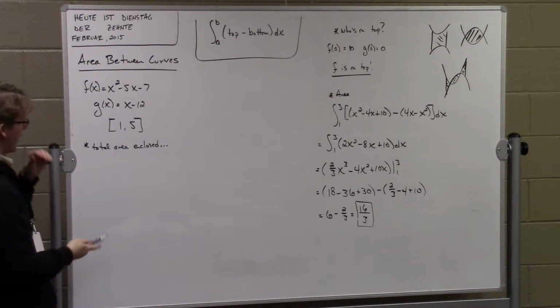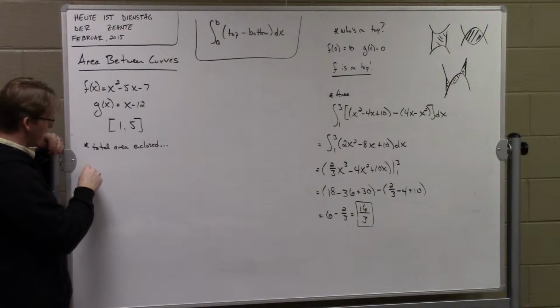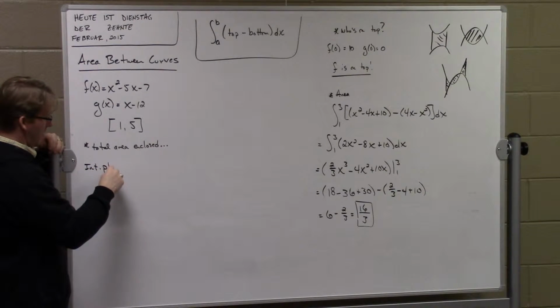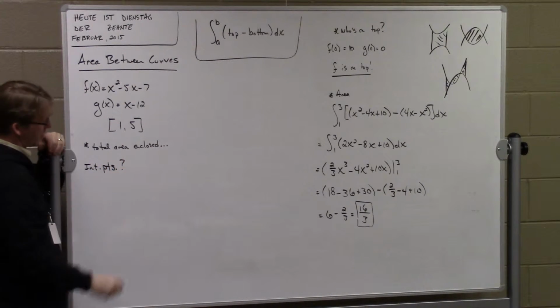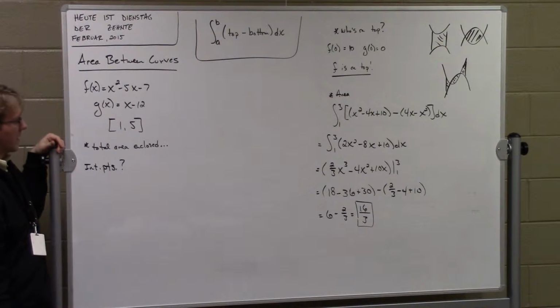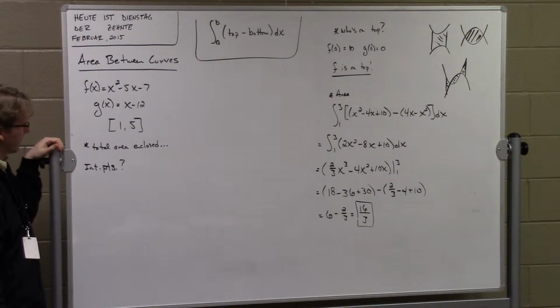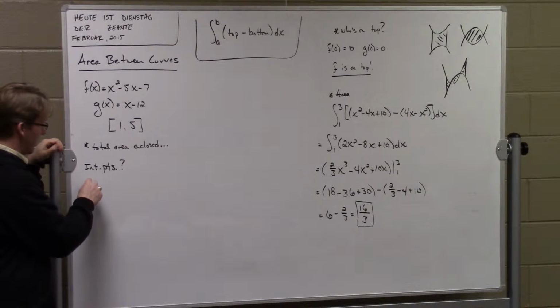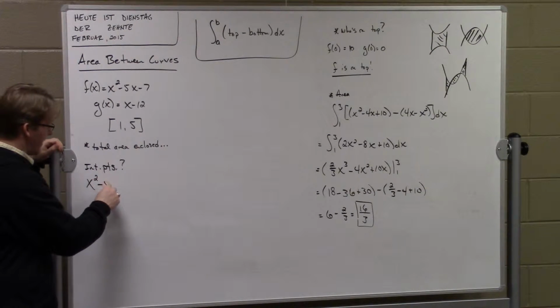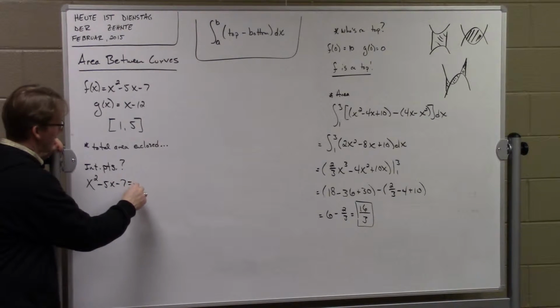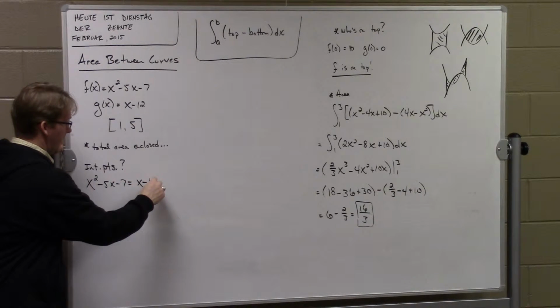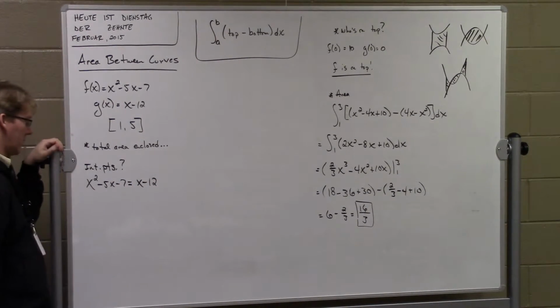All right, step 1, intersection points. If we set them equal, we get x squared minus 5x minus 7 equals x minus 12.